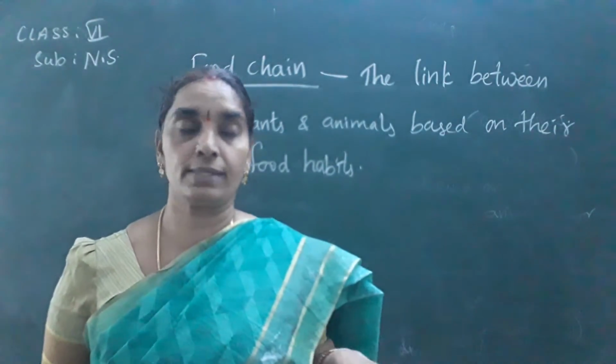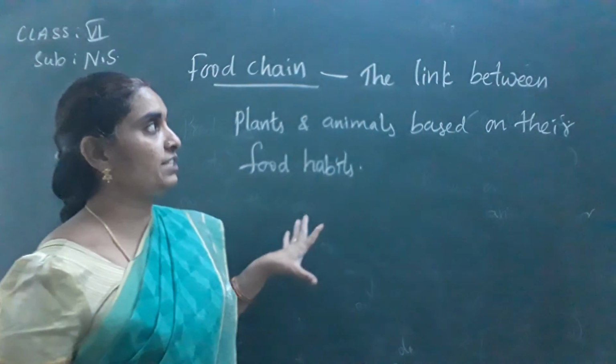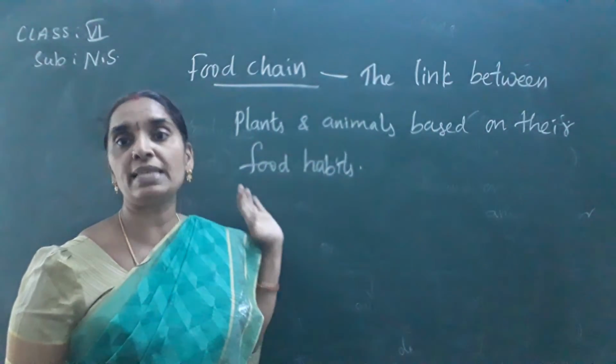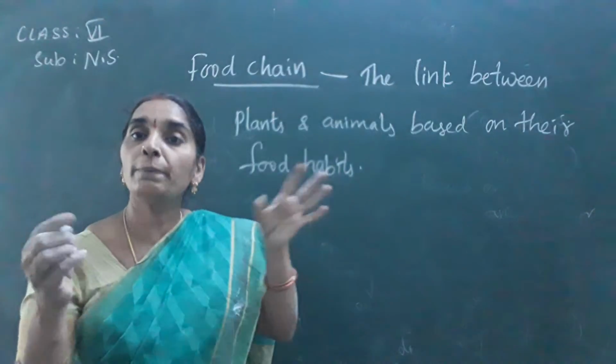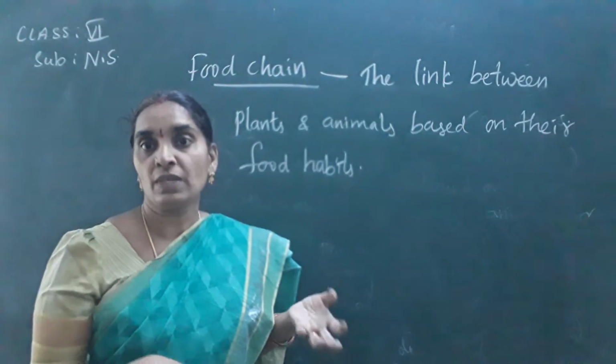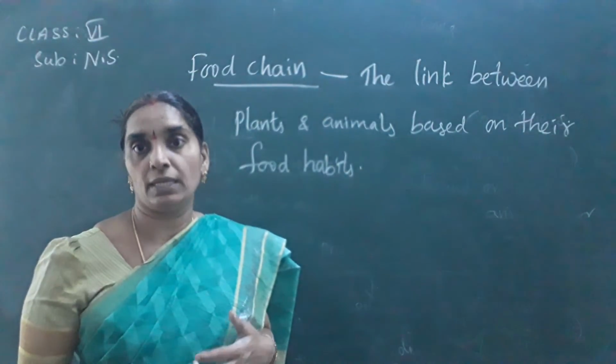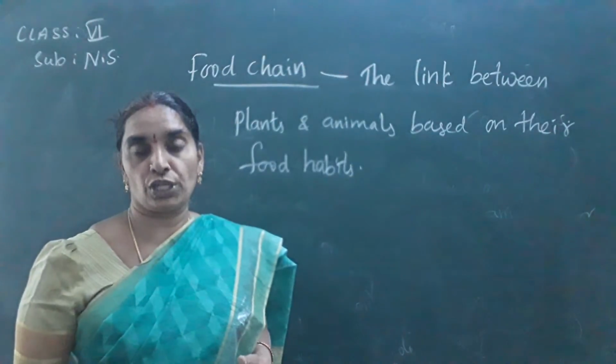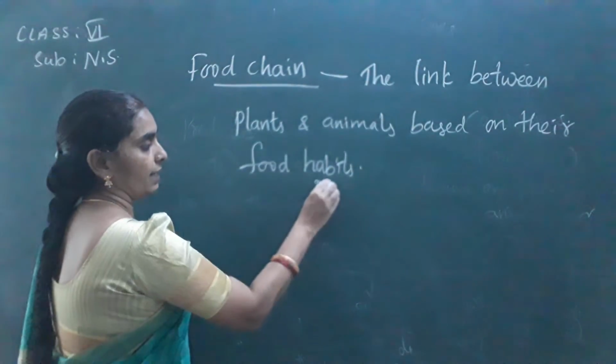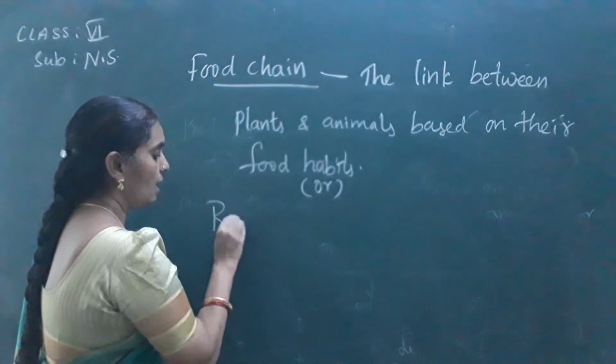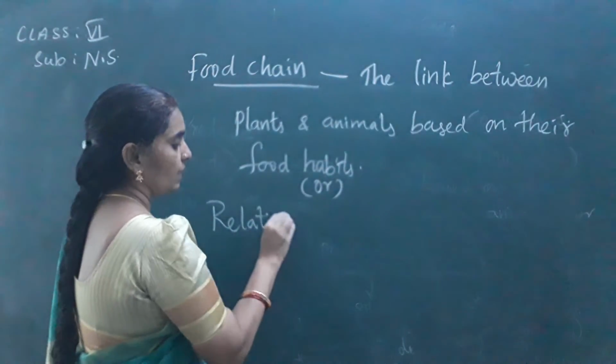So this frame in which the link is formed between plants and animals, or between animals and animals, based on their food habits, is called a food chain, or it can also be said to be the relationship between plants and animals.